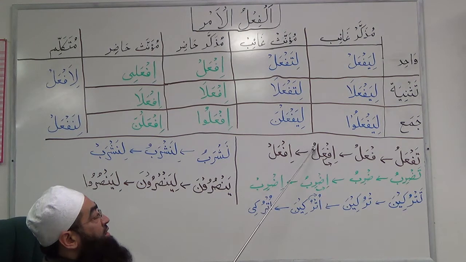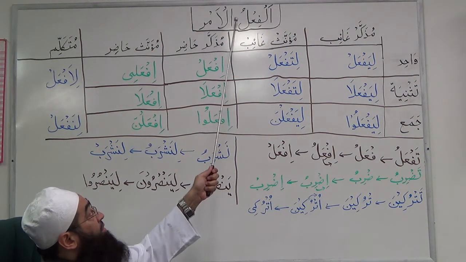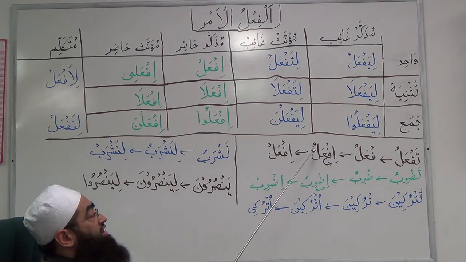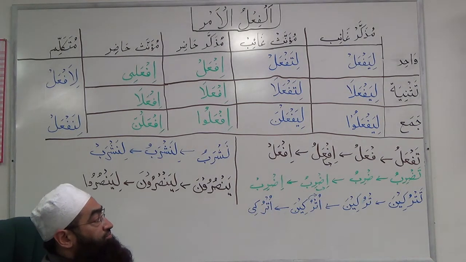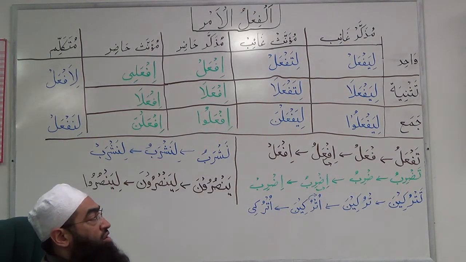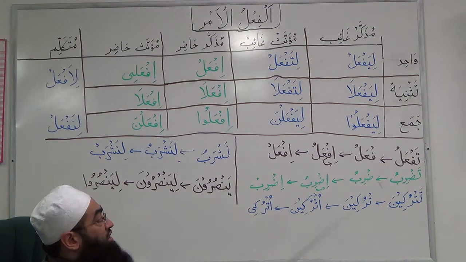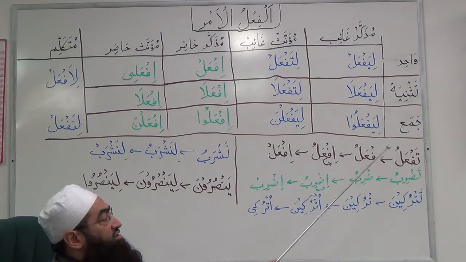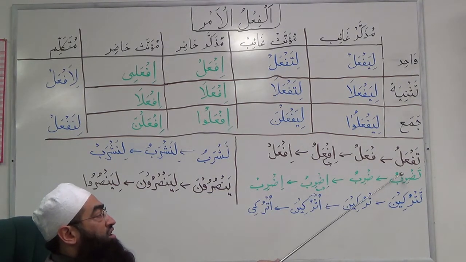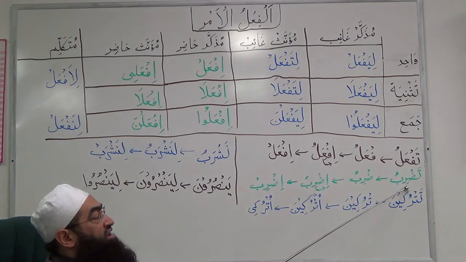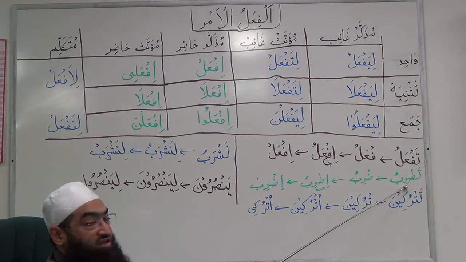And then the lam has the dhamma on it. The dhamma drops because fi'l amr is majzoom. So the dhamma drops and it becomes a sakin. So it becomes if'al. Alright, so this is how to make the fi'l al-amr. Now in this word, the ayn kalima had a fatha on it. The example of an ayn kalima when it has a kasra on it is here.